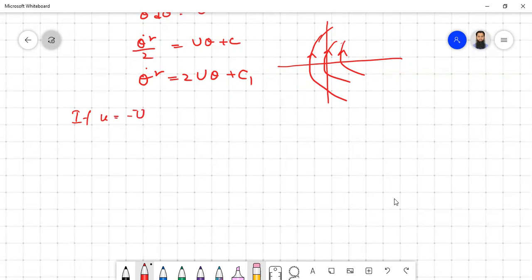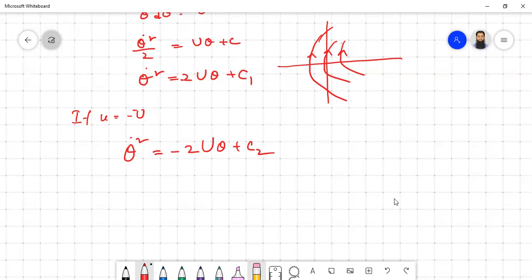in that case, we have a more or less similar equation, except that we'll have a negative sign here. So let's write that: theta dot square equal to minus twice u theta plus c2 maybe.